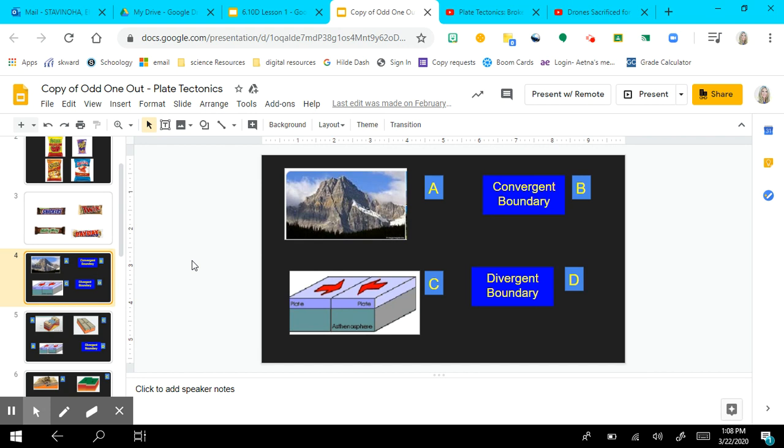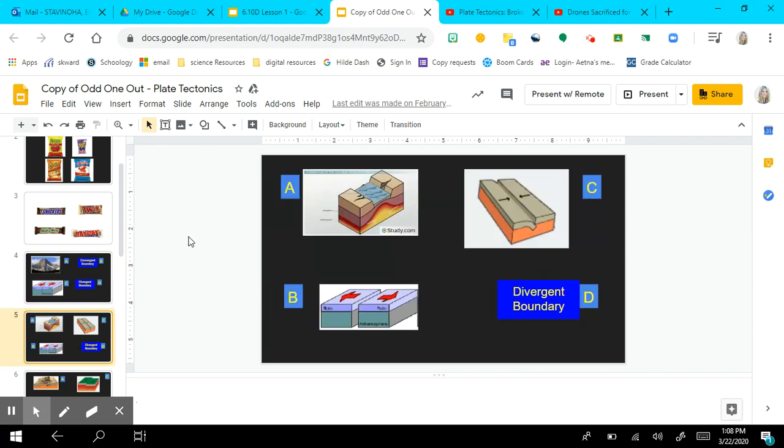Which one does not belong here? Which one is different from all of the others? Think about it and create an explanation as to why that one would be the odd one out.